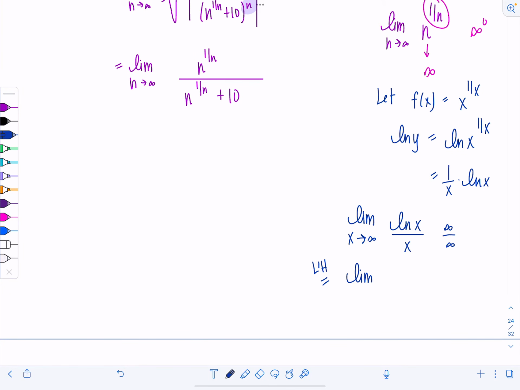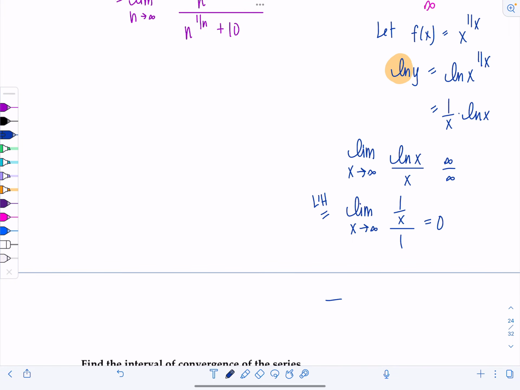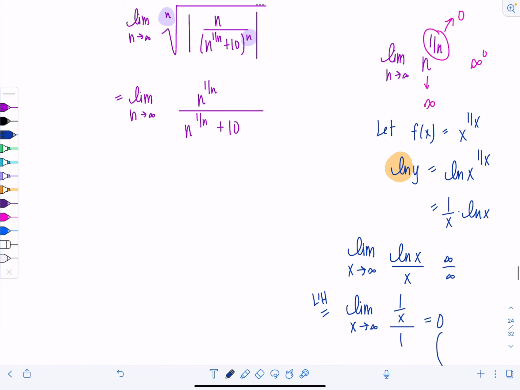So that's the limit as x goes to infinity of the derivative of the top over the derivative of the bottom. This goes to 0. But remember, we added in an extra ln. So the original limit, without the ln, of x to the 1 over x is e raised to that, which is 1. Oh. So what does that tell me?